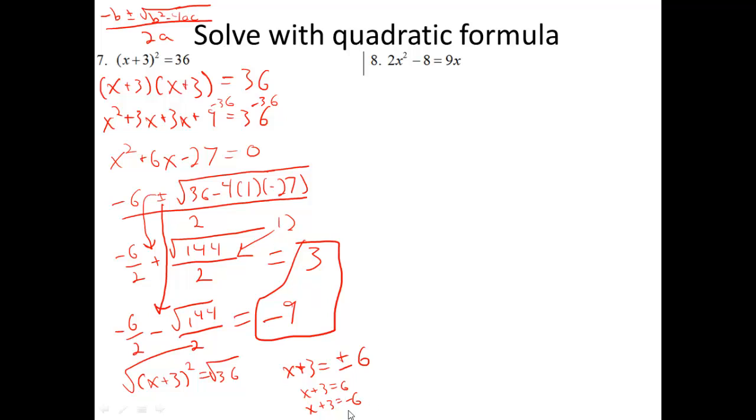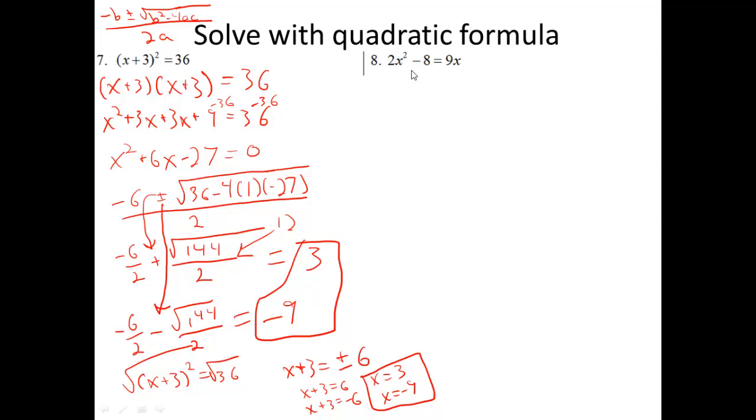Well, in this instance, we're going to subtract 3 from both sides, and we're going to end up with x equals negative 9. We'll subtract 3 from both sides here, and we'll end up with x equals positive 3. Again, we got to the same spot, just using 2 different methods. So if you're comfortable with using this method, it's obviously a lot shorter, but again, the quadratic formula will still work.